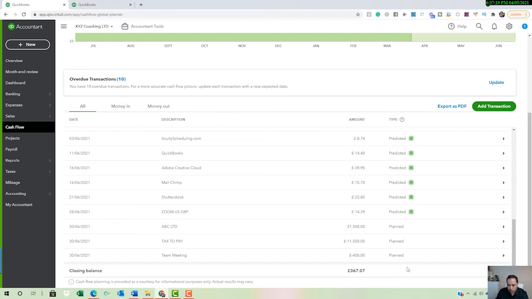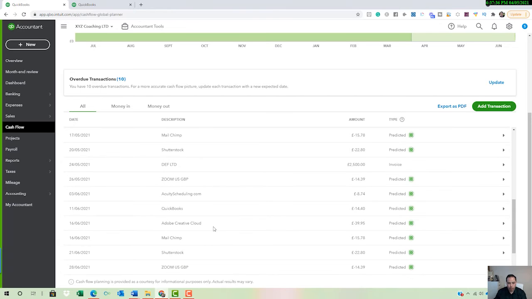Now you see that it's still cash positive, but the balance is dropping. That's still fine as long as the business is not going overdrawn. We're investing in our business to learn how to do Facebook ads so that we can start getting more leads, more profitable leads, more profitable clients, and so on.